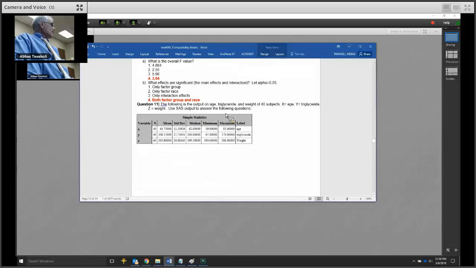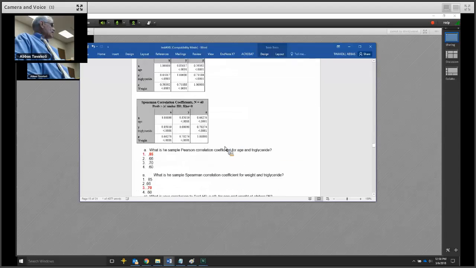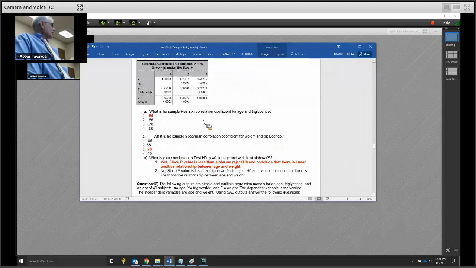Now, it says we have this output, and I asked you to calculate the Pearson correlation for age and triglyceride. Again, age and Y is 0.85.